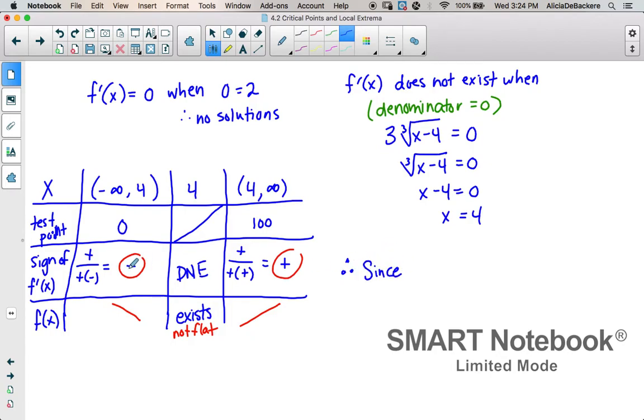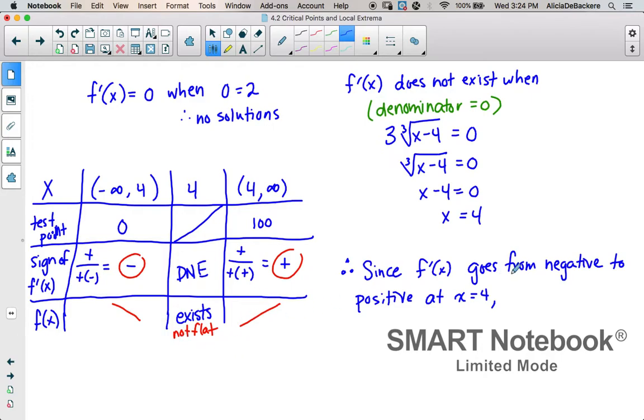What I notice for part A, thinking about the first derivative test, is that the first derivative went from negative to positive. So it did switch sign. And so that one tells me, again, I've got a negative slope coming into a positive slope.